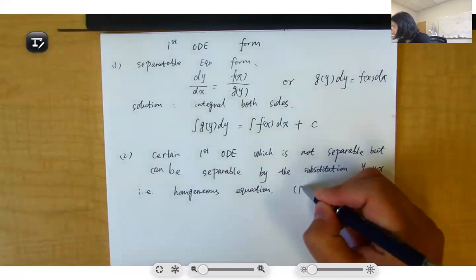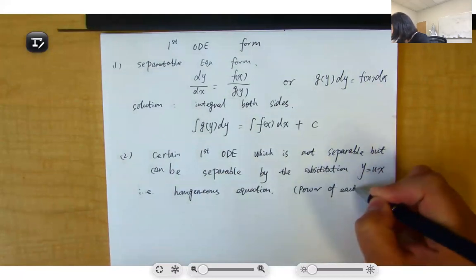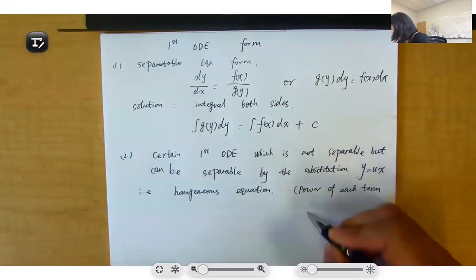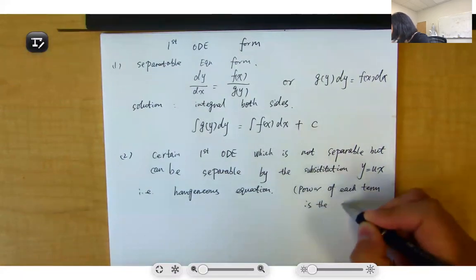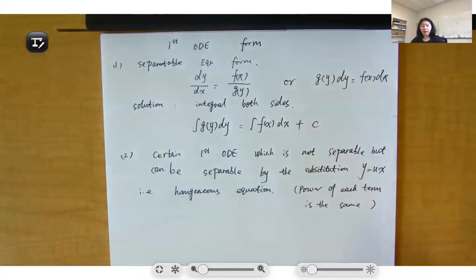Basically, the power of each term is the same in the ODE. And I will explain what I mean by the power of each term being the same.